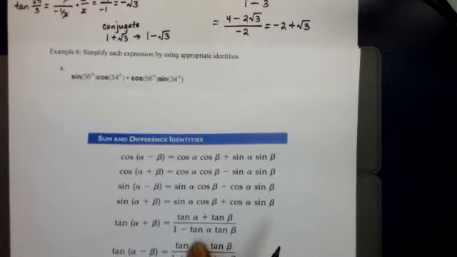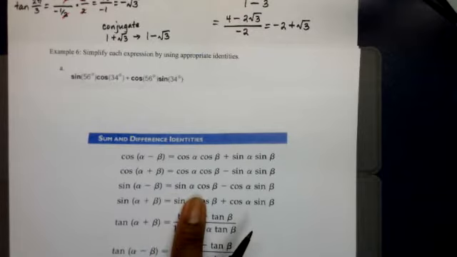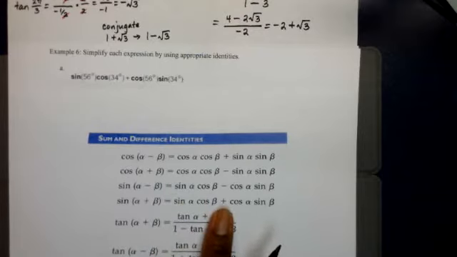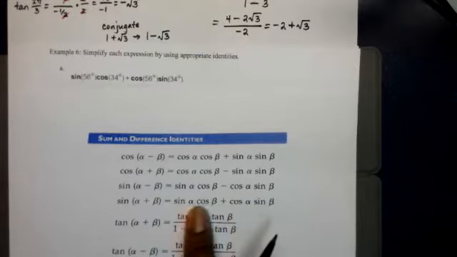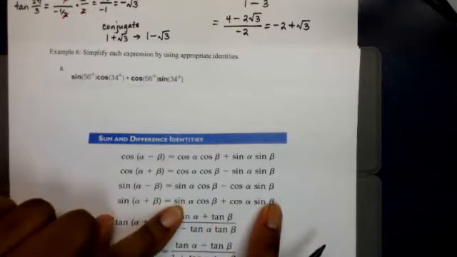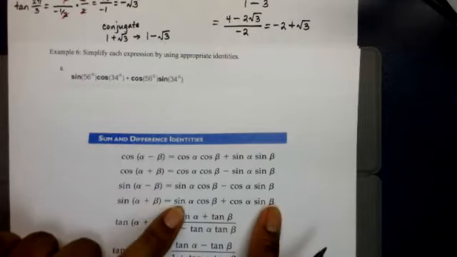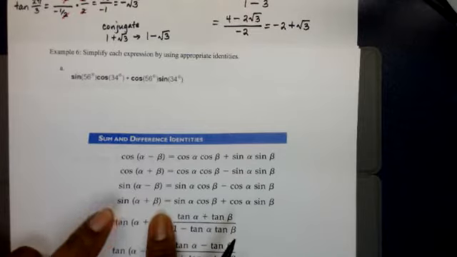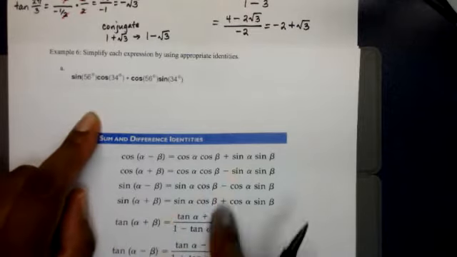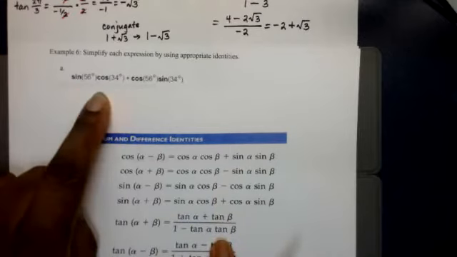Because we got sine of 56 cosine of 34. And then we got plus cosine and then sine. This is similar to that right here. So that means this must be equal to the sine of alpha plus beta. Okay. So you have to pick which one of these match what you have here.